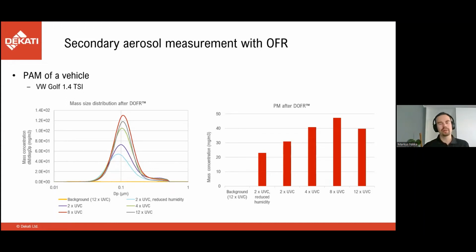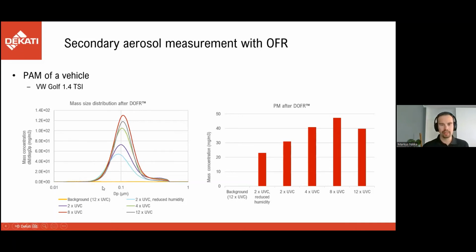The primary emissions particle numbers were only a few tens of thousands of particles per cubic centimeter, roughly 20,000 particles. So there was not really contribution to the mass distribution after the reactor. Here we see the mass size distribution after the reactor measured with the HRLP Plus.